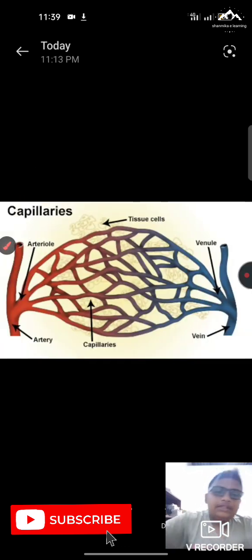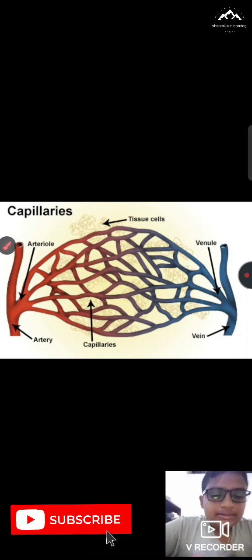So these veins are also divided, like the aorta is divided into arteries. There are 2 main veins. They are known as the inferior vena cava and superior vena cava, and those 2 are divided into veins, and that vein is divided into venules.